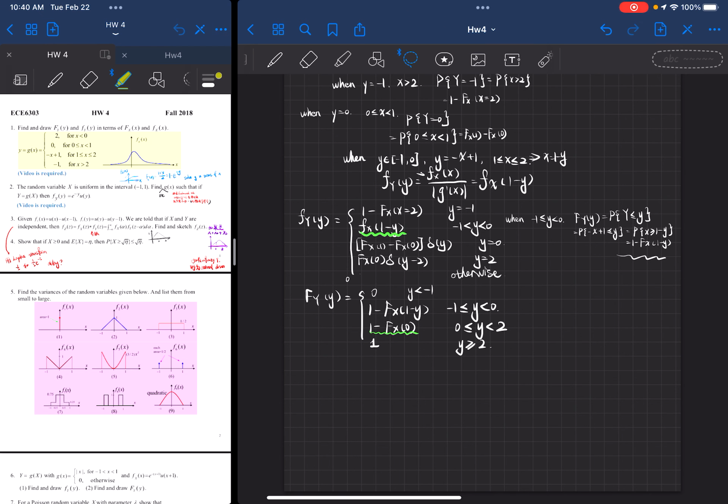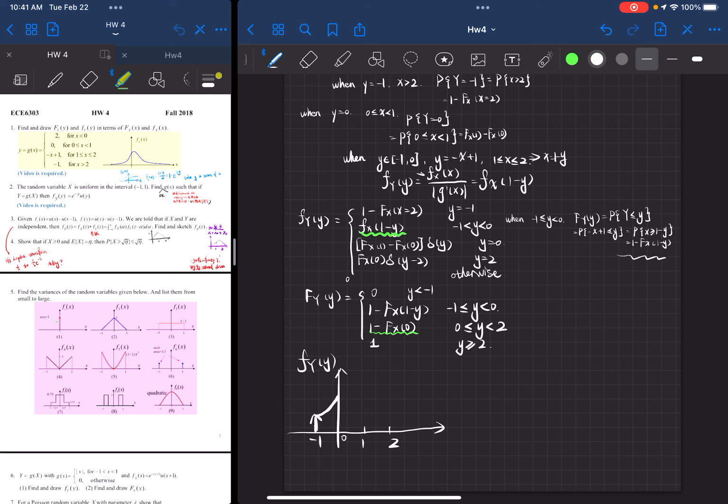Based on what is given in our problem, for the density function of y we see an impulse here at y equals -1. Here it should be the density function of x with x replaced by 1 minus y, so we got this value.